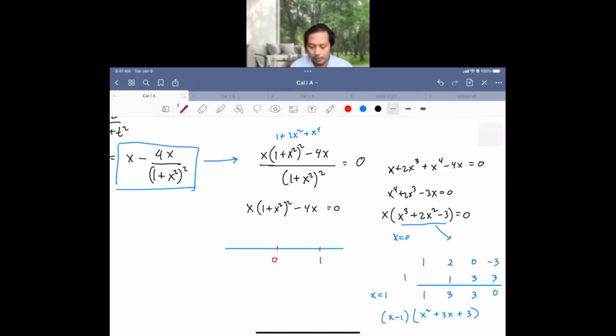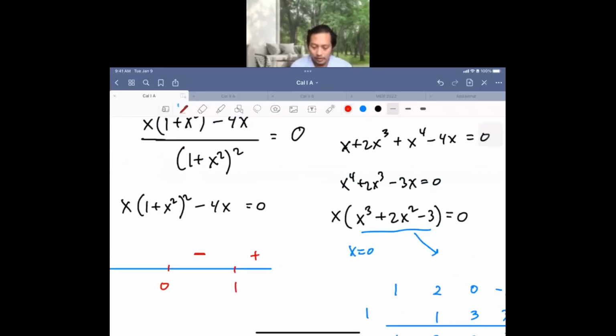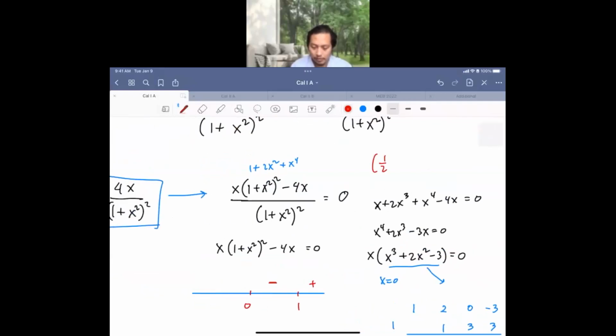I think if we check 2 it is positive. I believe this would be negative, because half is smaller than 2, right? Because if we imagine half to the power of 4 plus 2, half to the power of 3 minus 3 over 2, I think 3 over 2 is still large compared with this 2. So we still have negative.